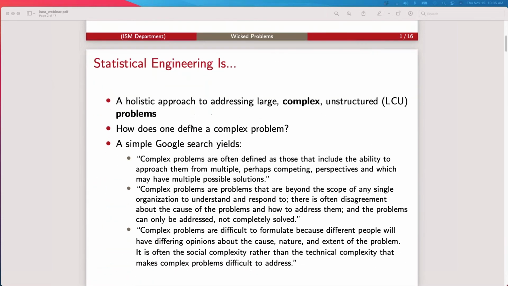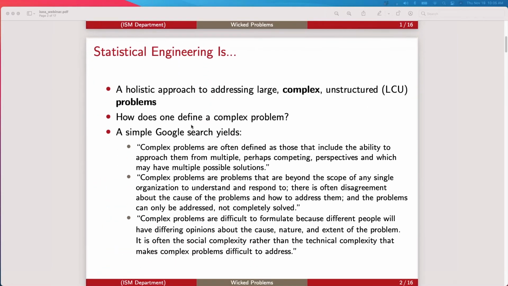Throughout both presentations this morning, we constantly hear large, complex, unstructured problems, but something that's been on my mind since the last summit was, how do we really define a complex problem? You might do an initial Google search, as Caleb indicates, that's what we do as our initial approach.